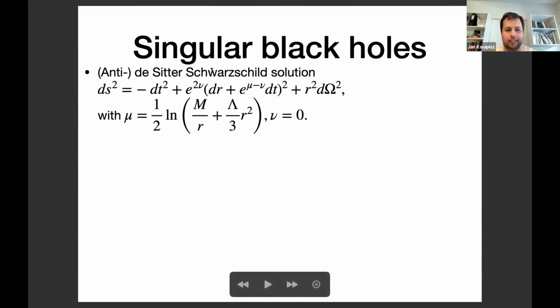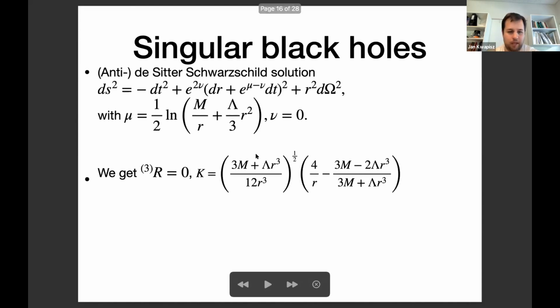I would take the Zeta Schwarzschild, which is generally given like this, with this choice of parameters. One can check that this is just a funny choice of coordinate system. And what we get for this solution is that R, the spatial R, is equal to 0, K is equal to this.